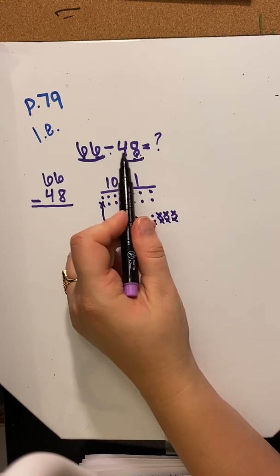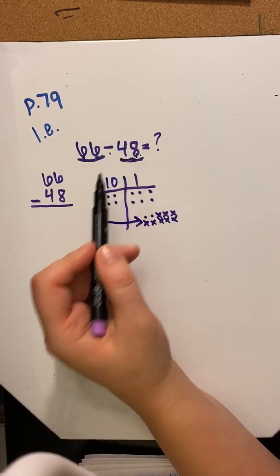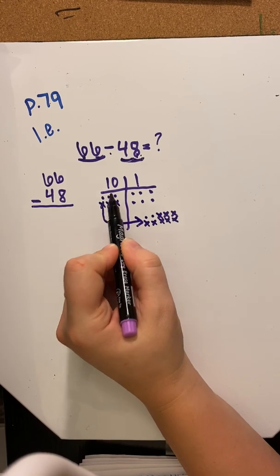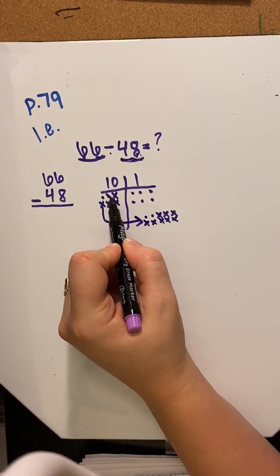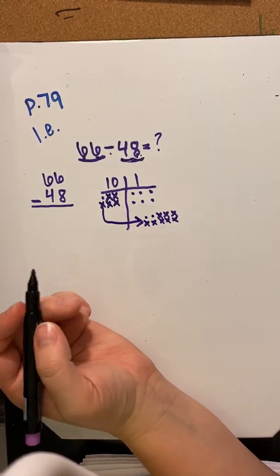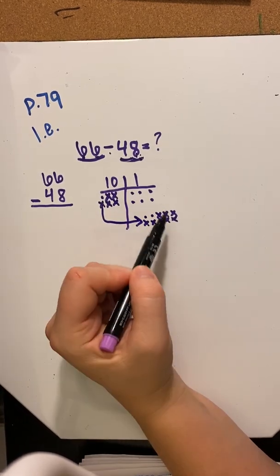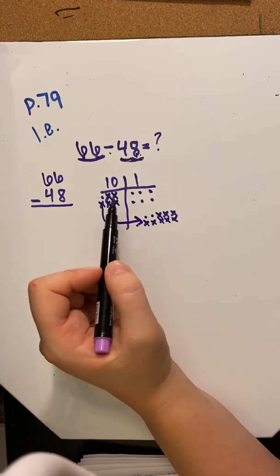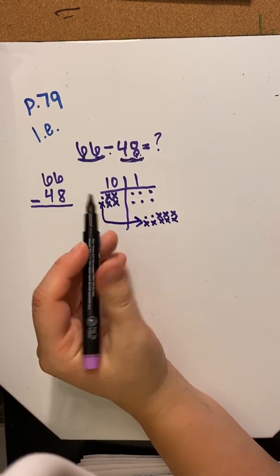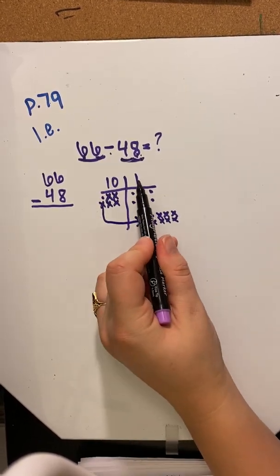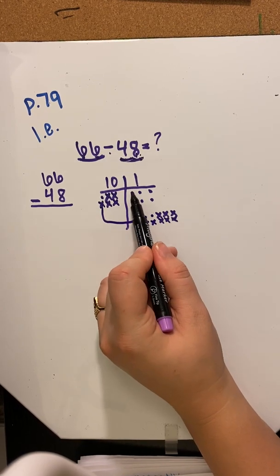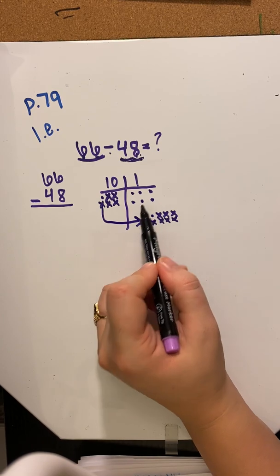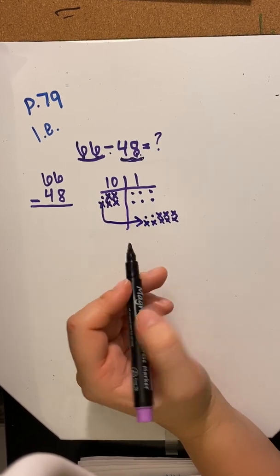And now we have to take away our 4 tens. So 1, 2, 3, 4. Good job. So we took away our 8 ones and we took away our 4 tens. So now we just need to see how many is left. So in our ones column, we have 1, 2, 3, 4, 5, 6, 7, 8.